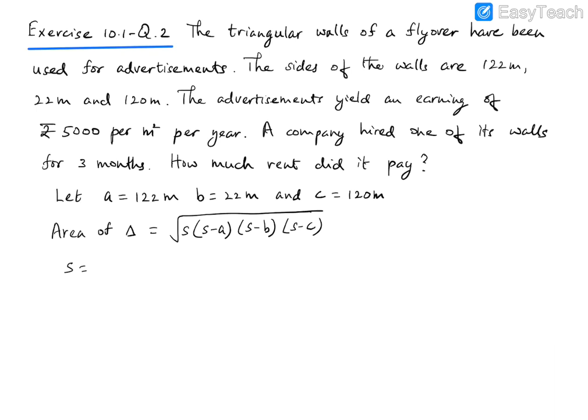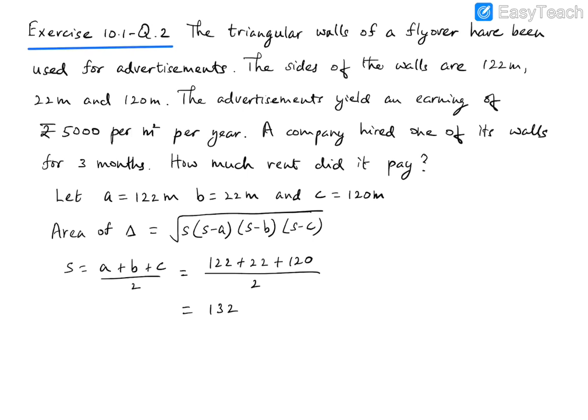So S equals A plus B plus C divided by 2, which is 122 plus 22 plus 120 divided by 2. So we get the value for S as 264 divided by 2, which is 132. So we have got the value of S.